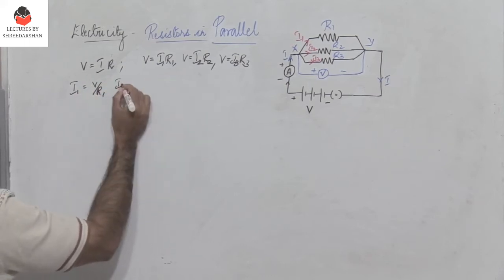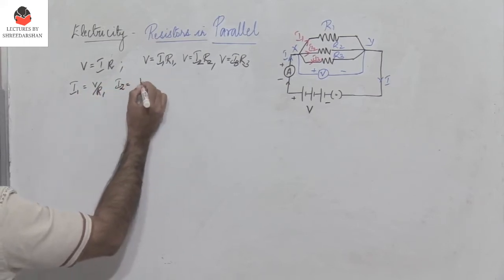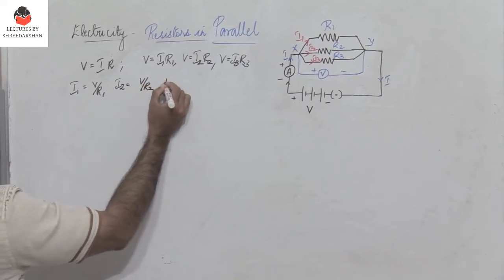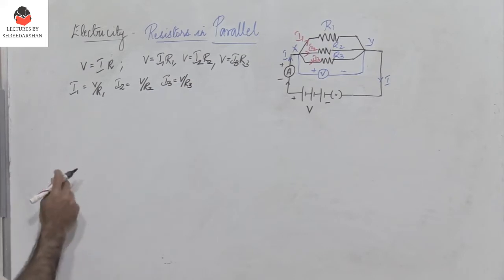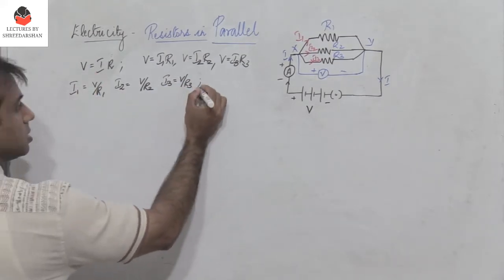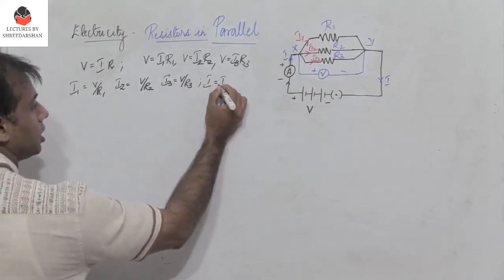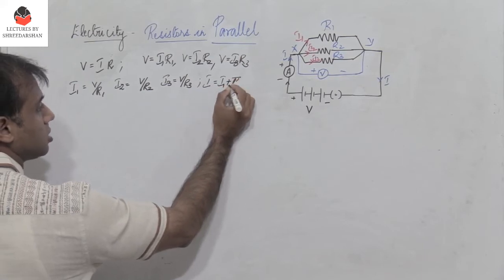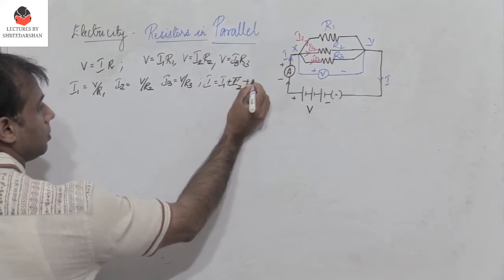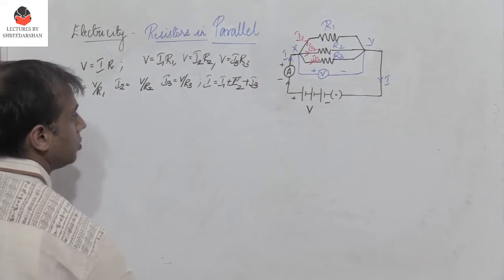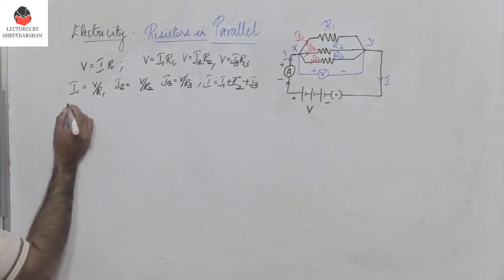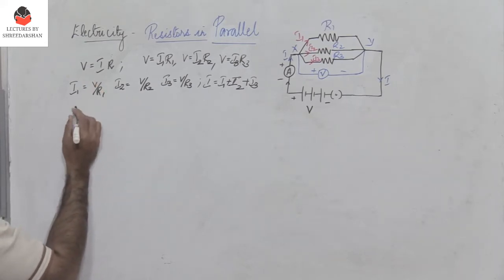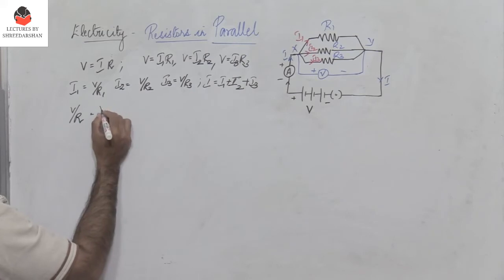I'm just trying to find the currents. I2 equals V by R2 and I3 equals V by R3. And I know that current I is the sum of all the three currents flowing through the three resistors. So it is I1 plus I2 plus I3. Therefore, I is nothing but V by R, which is I1. What is I1? V by R1.